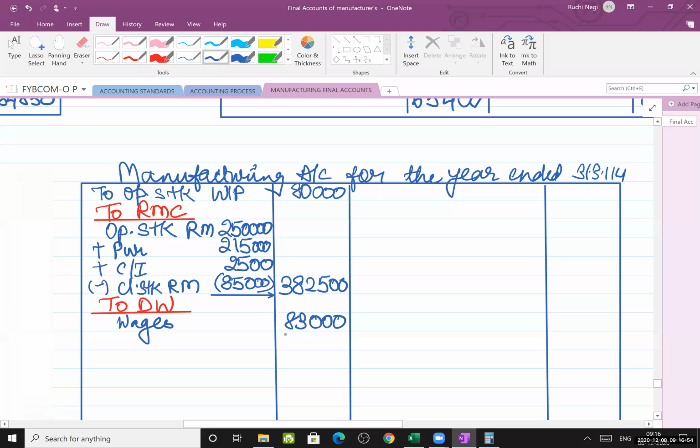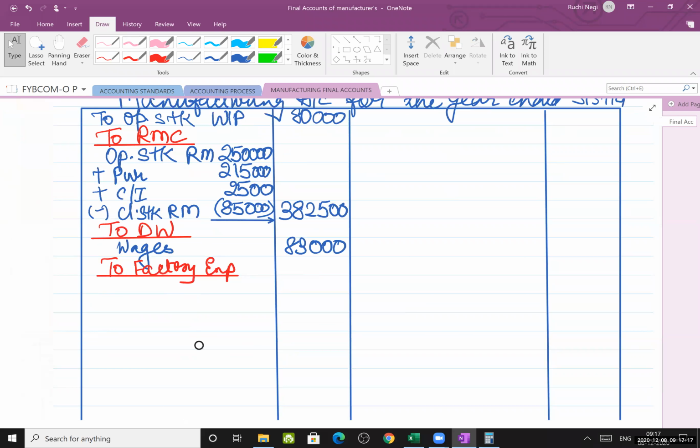Next is direct expenses. But we don't have any direct expenses in the question, so you can leave that step, and then you can take factory expenses. Under factory expenses, write down factory taxes. These are the shortcuts in which you can write.